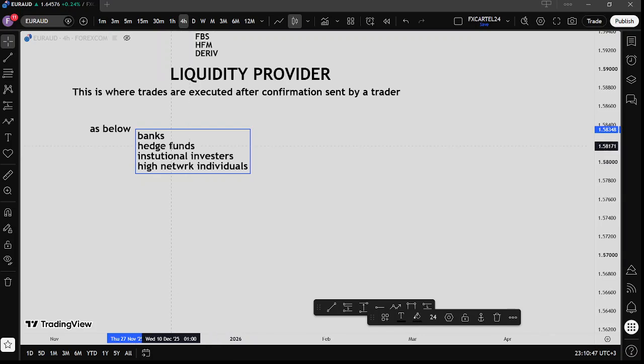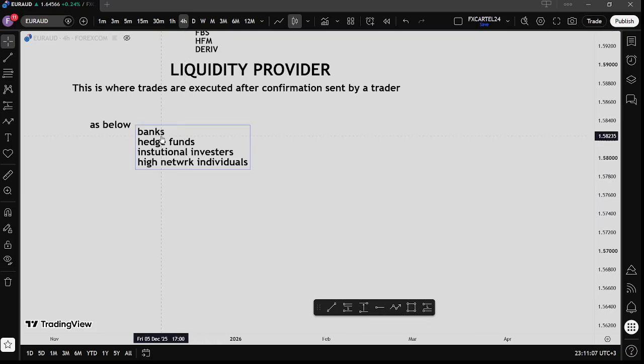We have hedge funds, these guys can also shake the market. We also have banks, which can also move the market. Why? Because they hold sums of dollars. Remember, liquidity providers are the money in the market. So these are all money institutions.